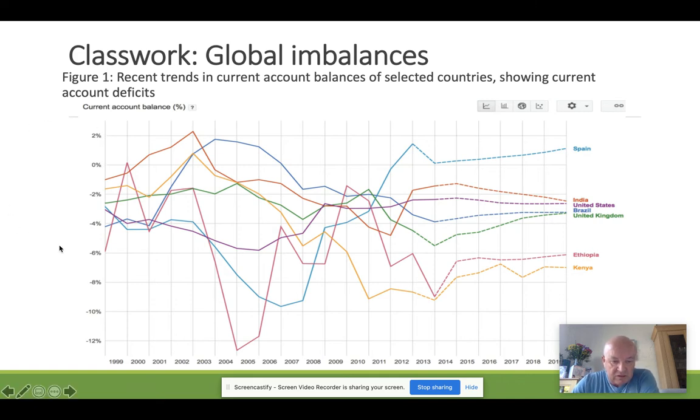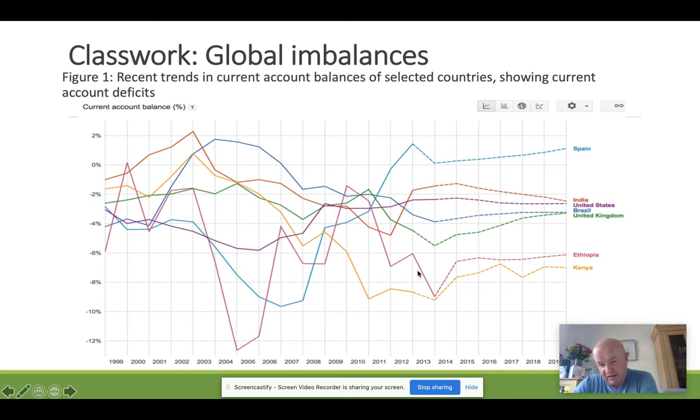However, in this instance, you can see most of these countries are in significant deficit positions, and it's worth taking a look. If we take this one in particular, this is Ethiopia. Around about 2000, they were just about at equality, where the balance of payments was just about in balance, but you can see there have been significant drops, and there is normally going to be a very good reason for that.